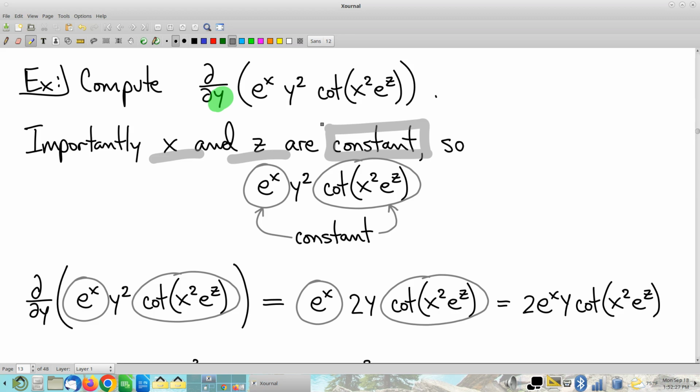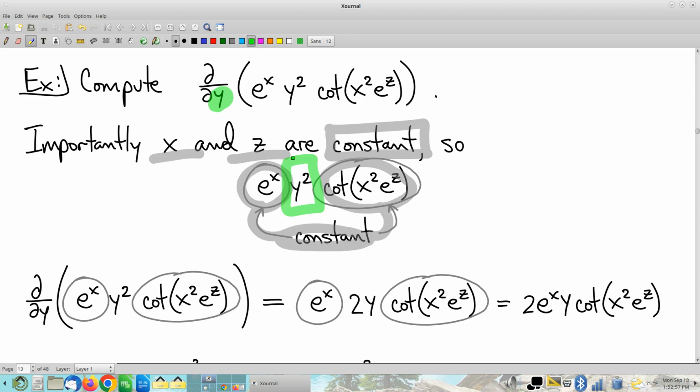You could imagine, if this were a single variable function that had all this sort of complexity in it, it would be quite a tedious calculation. But importantly, x and z are constants. That means that all of that stuff there is constant, and really all we're taking a partial derivative of then is constant times y squared.